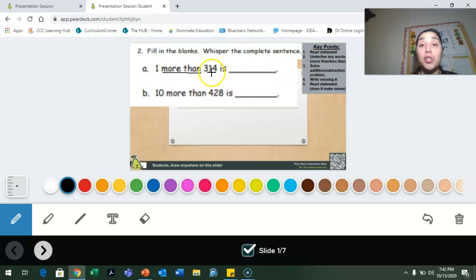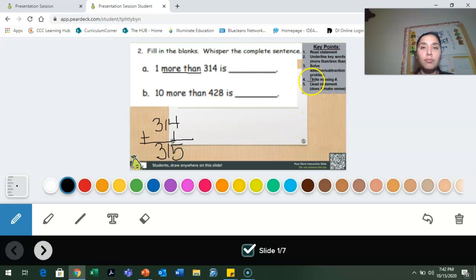Then that's key point number 2. Key point number 3 is we solve an addition or a subtraction sentence. So we can write 314 plus one more is, get ready. Yes, 315.